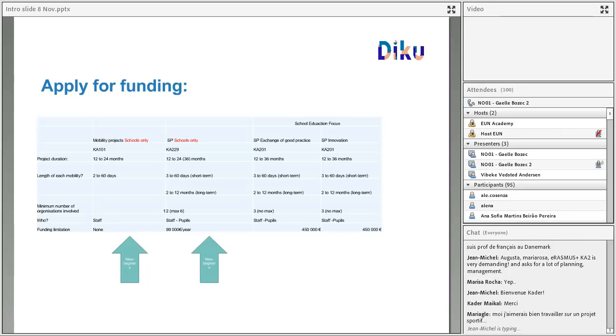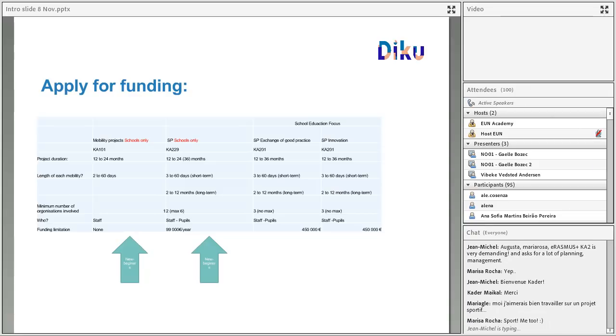So if you are only schools, then you should apply in the second column. It's for when schools want to exchange staff and or pupils.